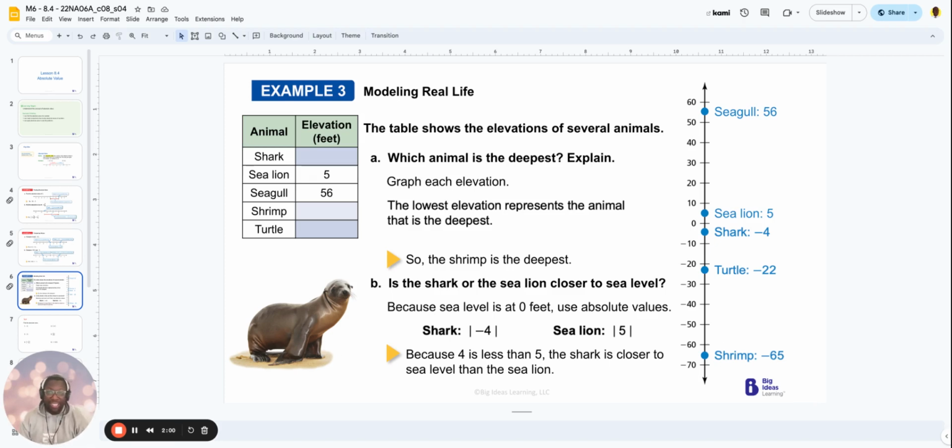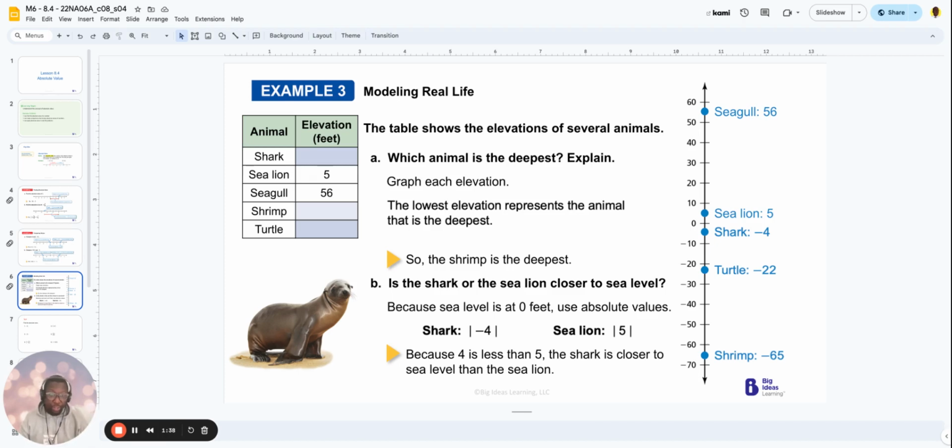And then we're asked, is the shark or the sea lion closer to sea level? Meaning sea level is 0, which is closer to 0. So we're in essence asking ourselves, what's the distance of the shark versus the distance of the sea lion in relation to sea level, which is equal to 0? The shark being at -4, how far away from 0 is that?